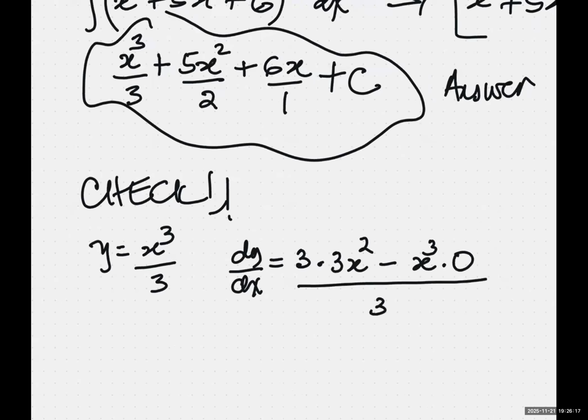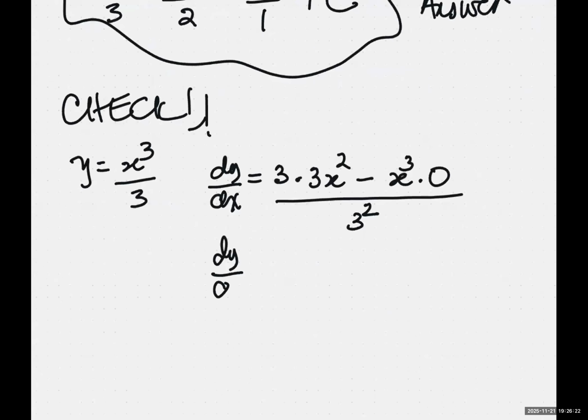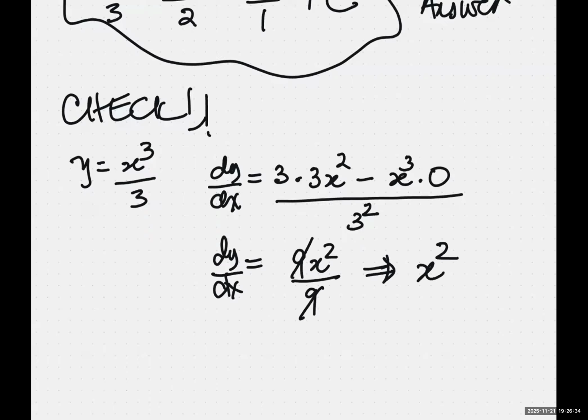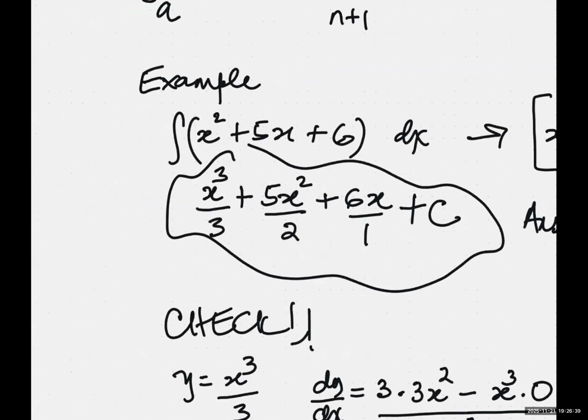So dy by dx is 3 times 3, which is 9x squared, minus 0, over 9. The 9's cancel, so all I'm left with is x squared. Was that where we started right up here? Yes, so we know that this is the differential of that, because we get that there.